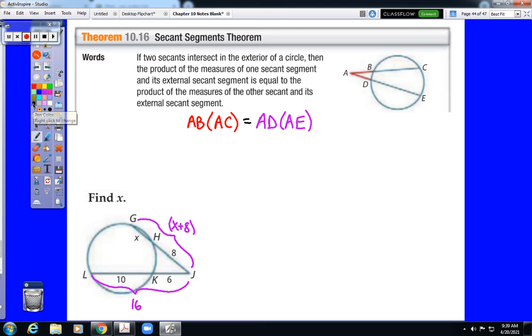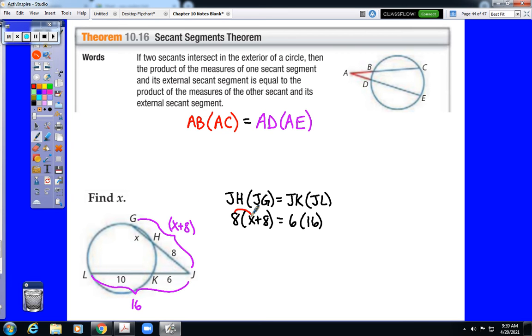So when we write out our equation, we are doing the outside portion, JH, times the entire length, JG, equals the outside portion, JK, times the entire length, JL. That would be 8 times x plus 8 equals 6 times 16. When we solve that equation, we will have the value of x.